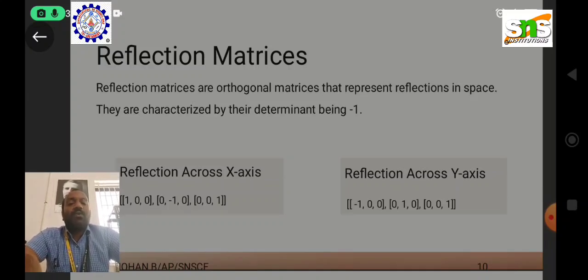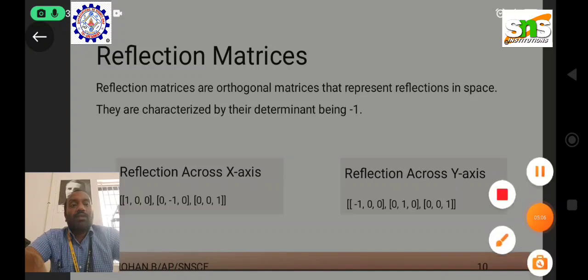Reflection across the y-axis is a very important case. Reflection matrices always represent reflection only. For example, 1 comma 1, 2 comma 2, 3 comma 3, 4 comma 4. So reflection matrices are orthogonal.